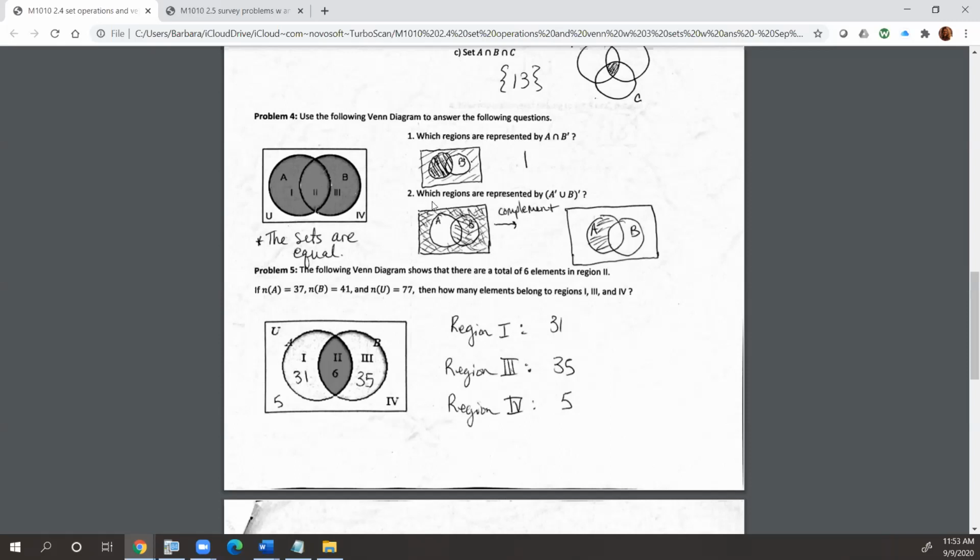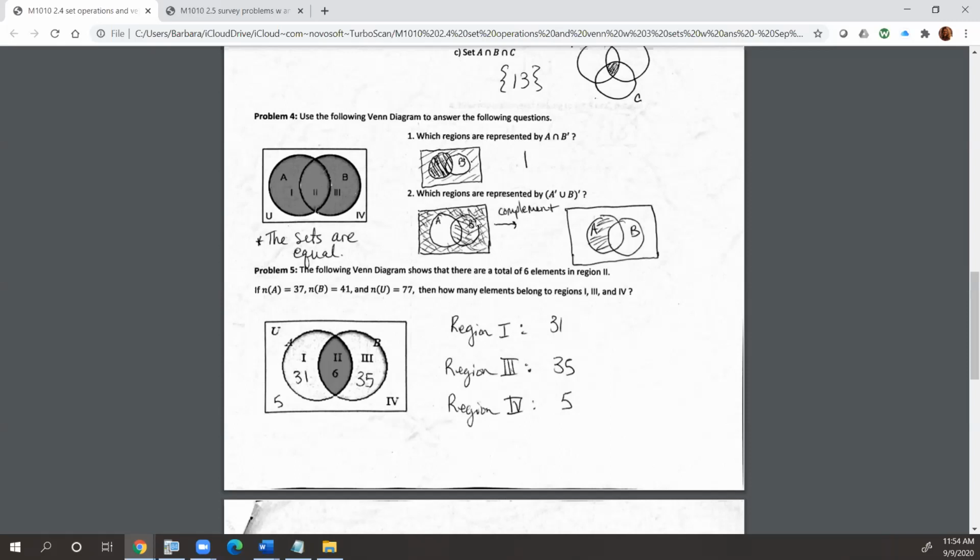Which regions are represented by the complement of A union B? So first we're going to find the complement of A union B. The complement of A is everything outside A, and then we find the union with B. So now everything that's shaded is represented by what's inside the parenthesis.